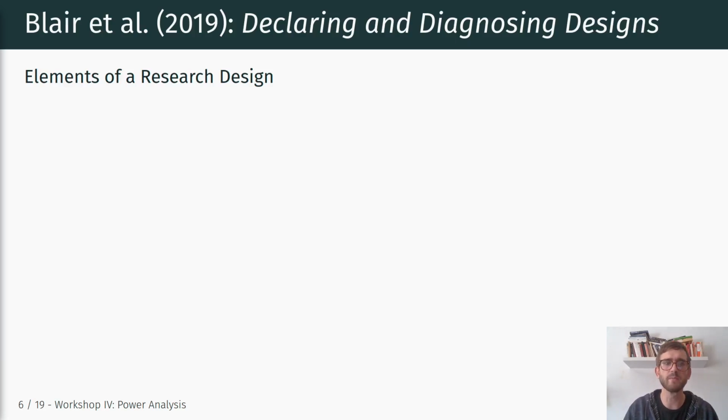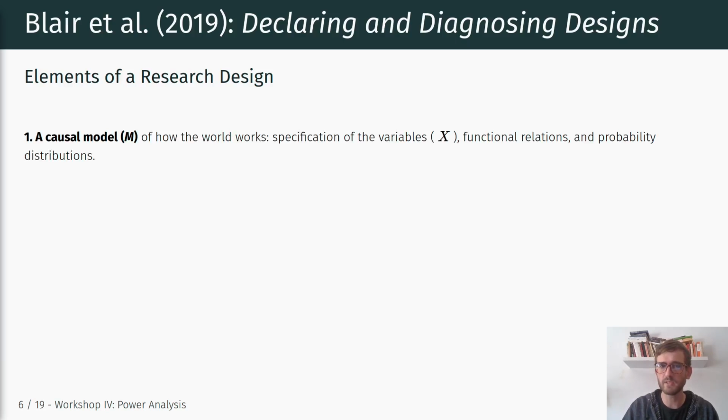So what are the elements of a research design that we need to declare prior to analysis? There are a couple of components. The first is a causal model, which is denoted as M, which basically describes how the world works.